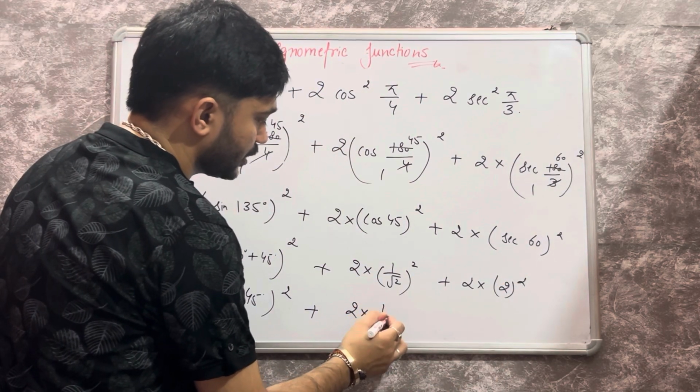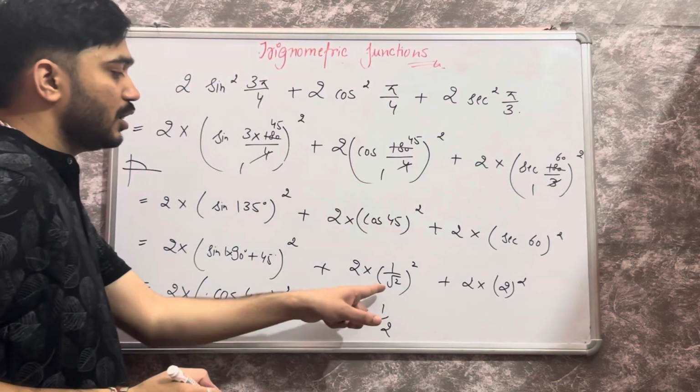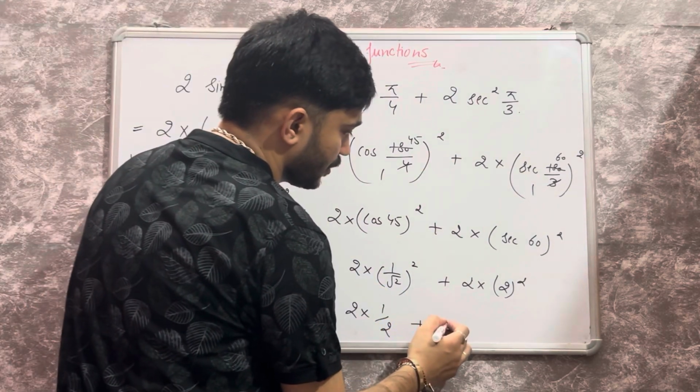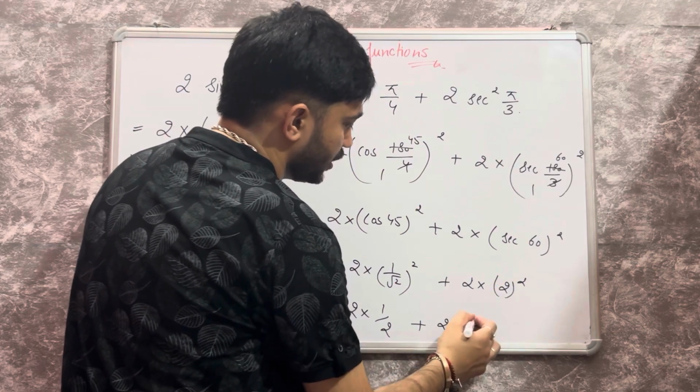2 into 1 square is 1, under root 2 square is 2, 2 into 2 square is 4.